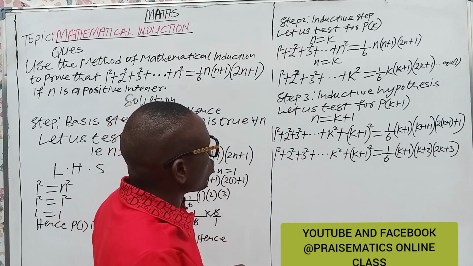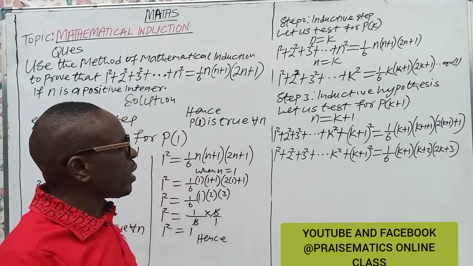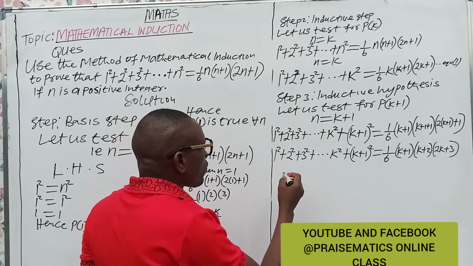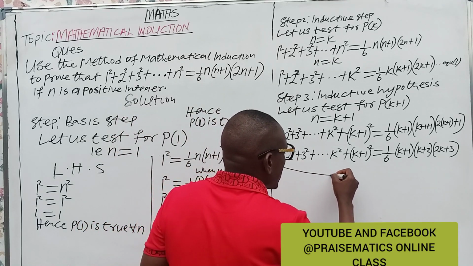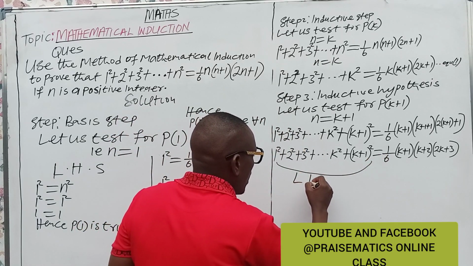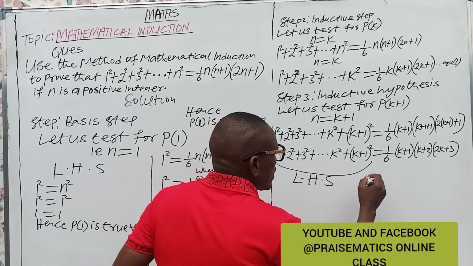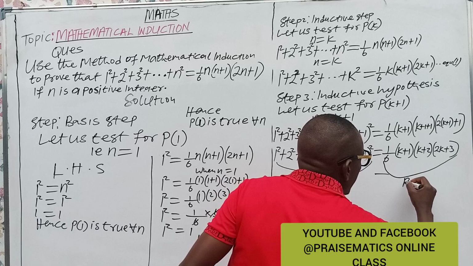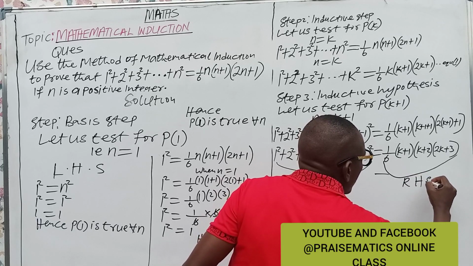So what are we going to prove? So that we know that P of k plus 1 exists. We will prove that this left hand side is equal to this right hand side. That is our argument.